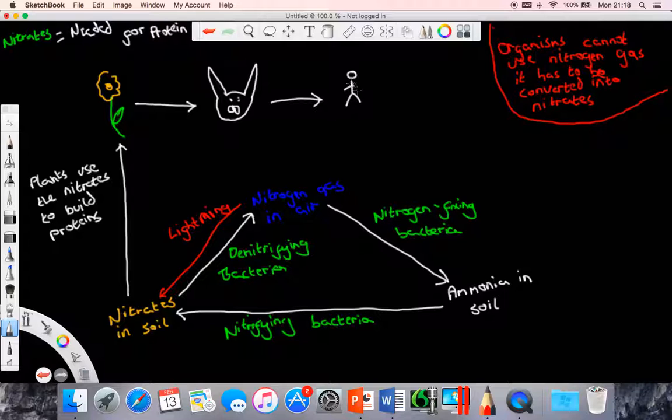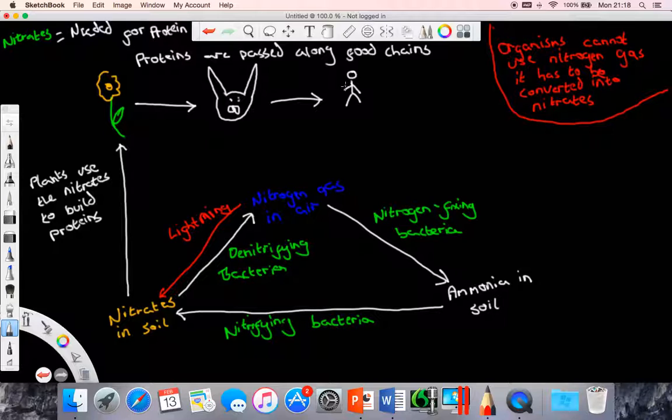The primary consumer is eaten, and the proteins are passed up the food chain. So the proteins are passed along food chains.